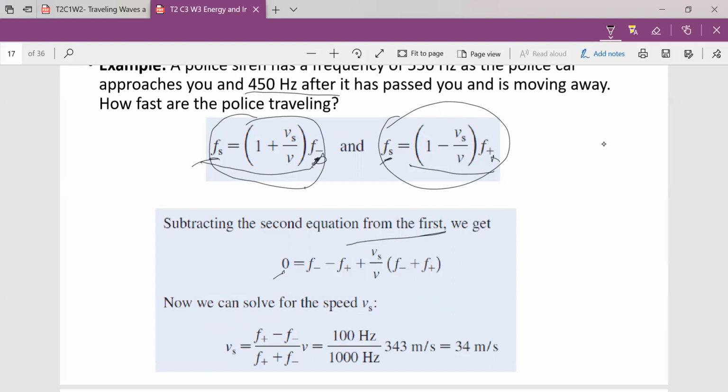Then on this side, if you open the bracket with the Fs, you will have F minus something like that, Vs over V. And for this one, you will have the plus as well. So F plus minus F minus equals something, with Vs over V.